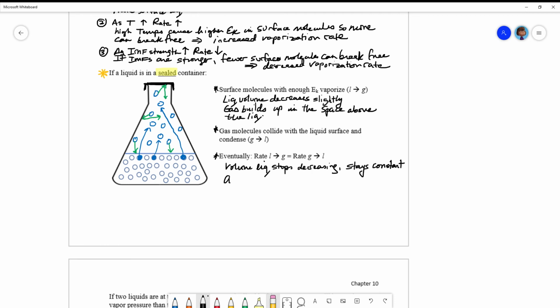And the amount of gas no longer builds up, but stays constant. Okay. And so now we're going to have a constant amount of gas in the space above the liquid in the sealed container.